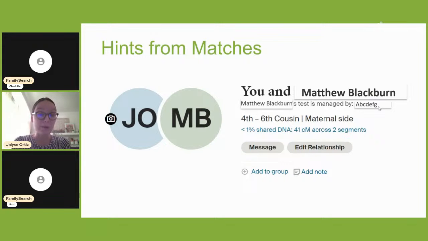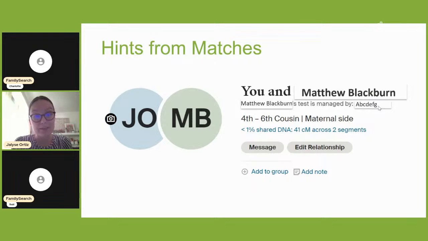So I looked at who is following this individual on Pinterest, and I was able to identify some of the profiles on Facebook, and I determined that they were from the same geographic area. So I knew that my test taker and also the manager of the test likely had some connection to this area.